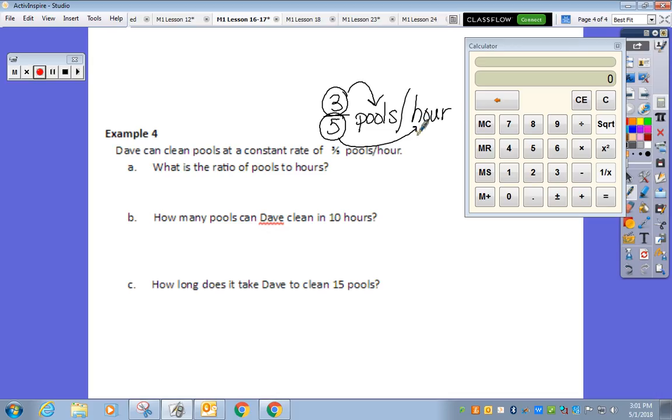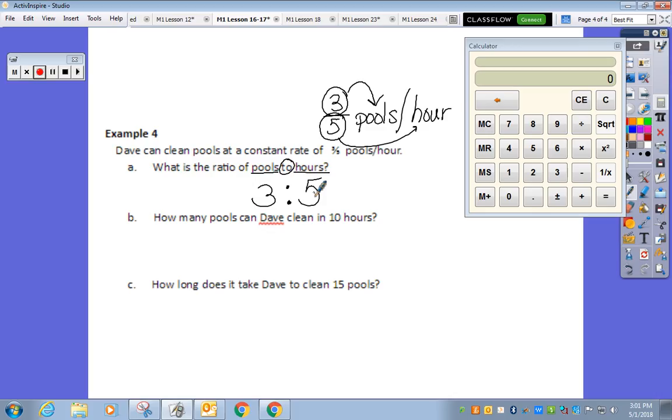So if I'm looking at the ratio of pools to hours, since 3 is my numerator and pools is my first unit, 3 is the number of pools. Since 5 is my denominator and hours are my second unit, my ratio is 3 to 5. 3 pools, 5 hours.